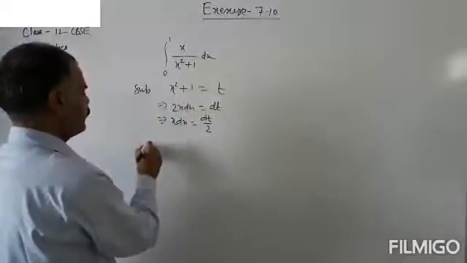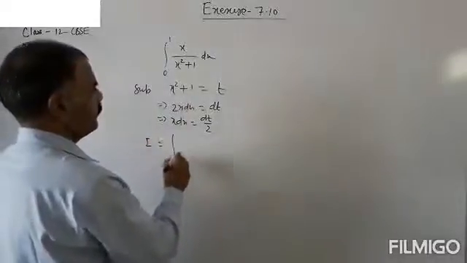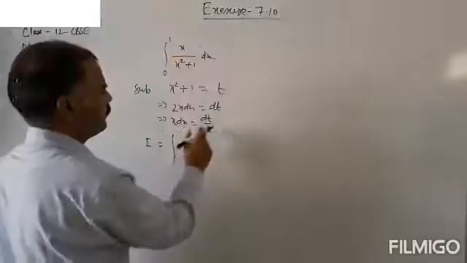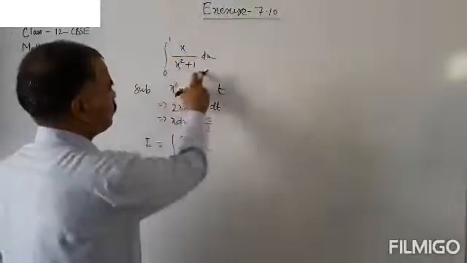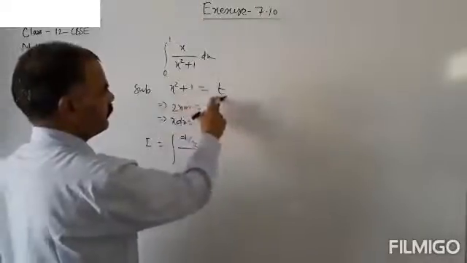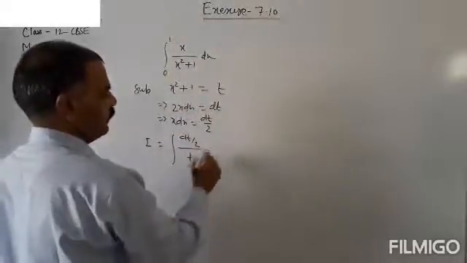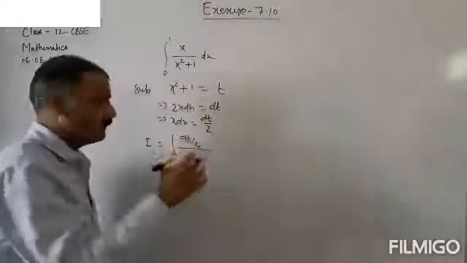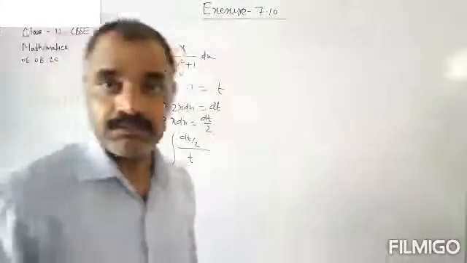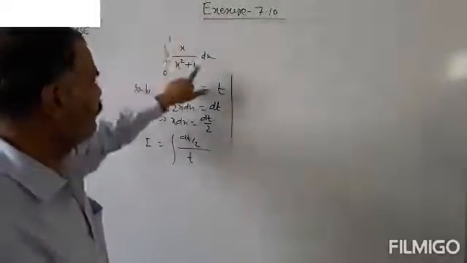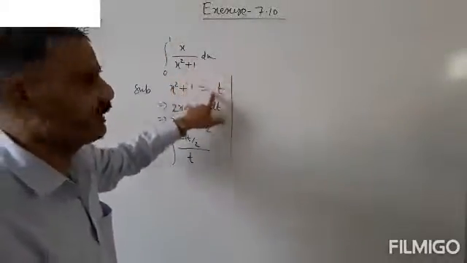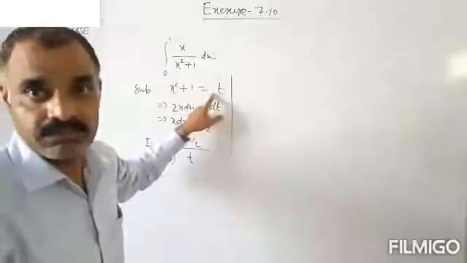Now the given integration will be changed in x dx, that is dt upon 2 upon x square plus 1, and x square plus 1 is t. But what about the limit? As we are changing the variable from x to variable t, the limit will also change. What will be the new limits?